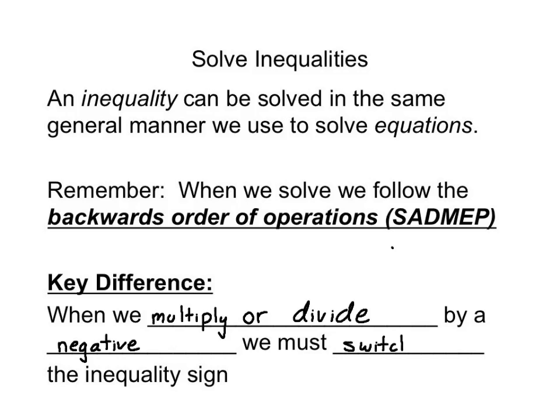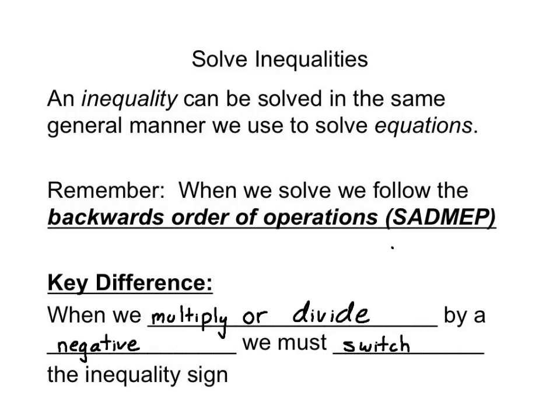Now what this means is that if I have an equation with a greater than sign and I multiply or divide by a negative, it's going to become a less than sign, and then vice versa. If we multiply or divide an inequality that has a less than sign, we have to switch it into a greater than sign. But otherwise, besides this, we're essentially going to be solving these inequalities the same method that we've been using to solve equations.